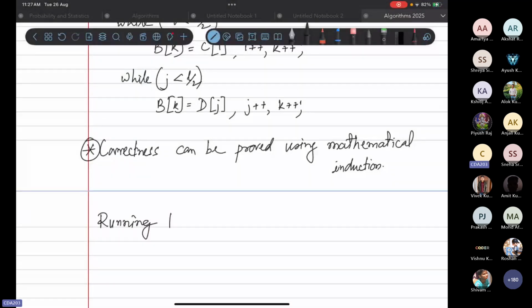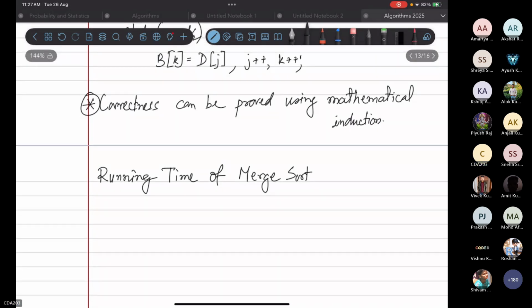But the much more interesting thing that we'll study now is the running time of this merge sort. This is a recursive process, and we will calculate the running time in a slightly different way.